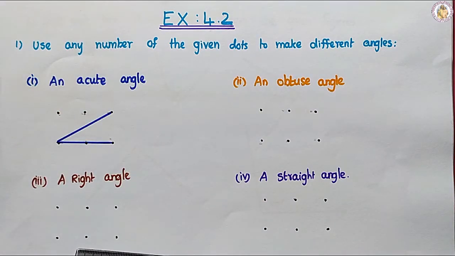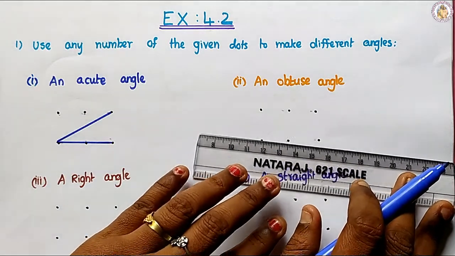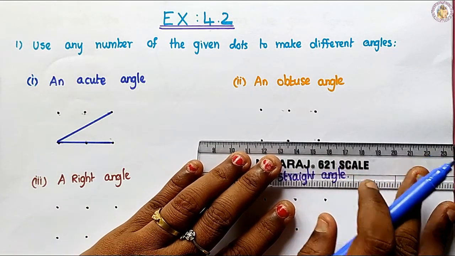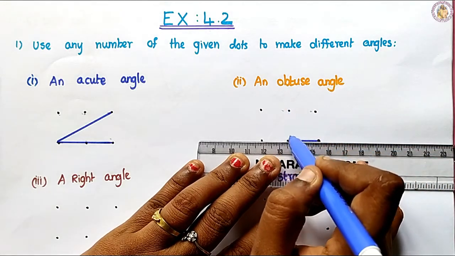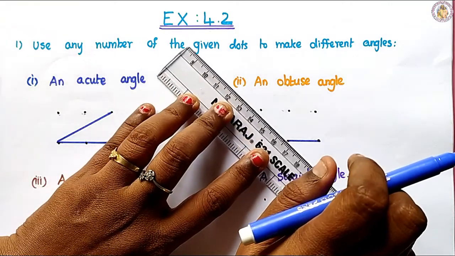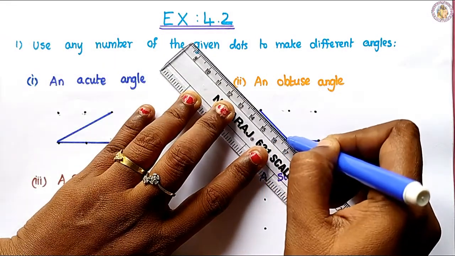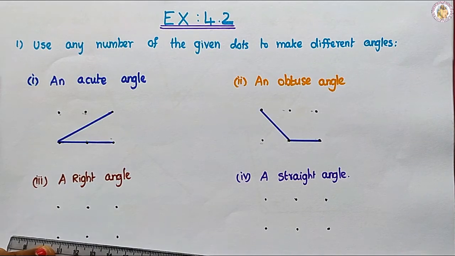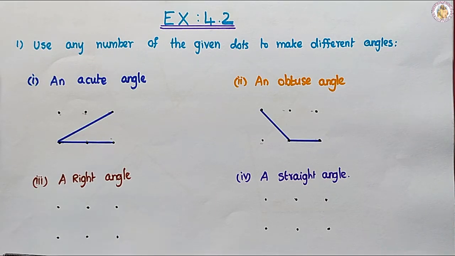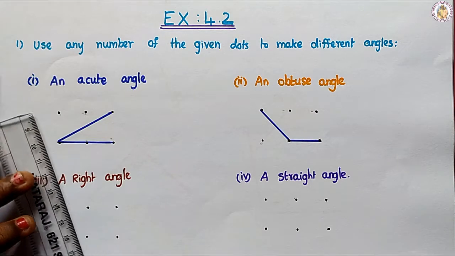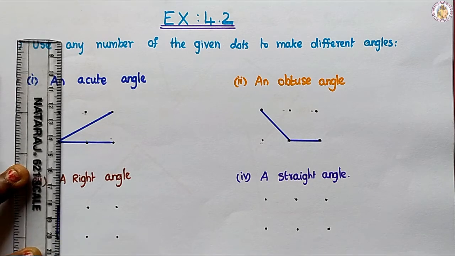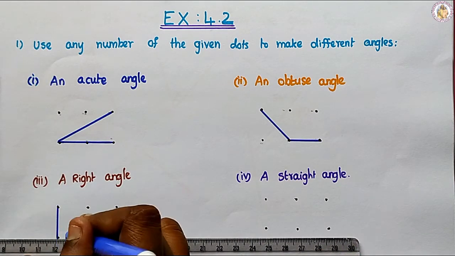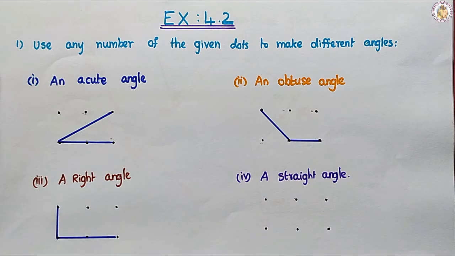So that is an acute angle. Obtuse angle, that is above 90 degree. From that it is 90 degree. Above 90 means draw here, that is above 90, so obtuse angle. And then right angle, that is exactly 90 degree, that is a right angle.